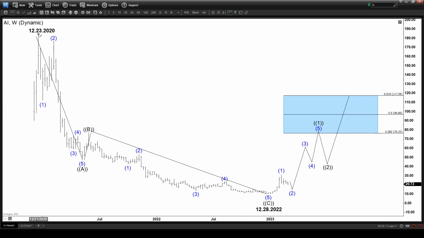We know that this cycle that took place since December 2020 has ended, and consequently we are looking for this move to be part either of a new cycle to the upside or at least of a larger 3-wave bounce that should be correcting the decline that we saw from the previous peak.